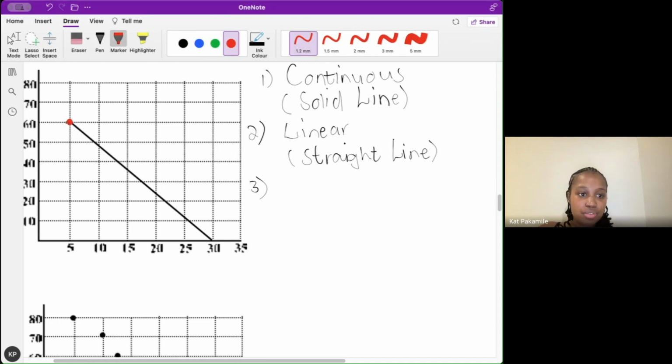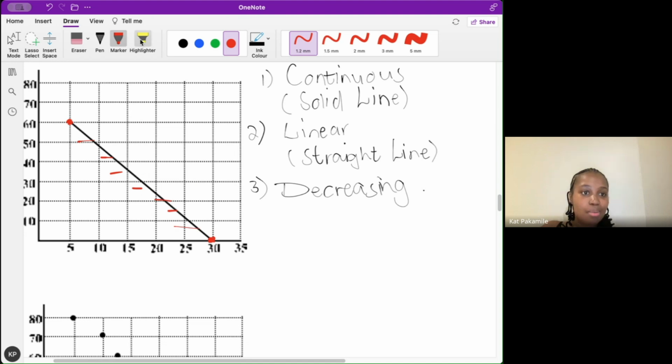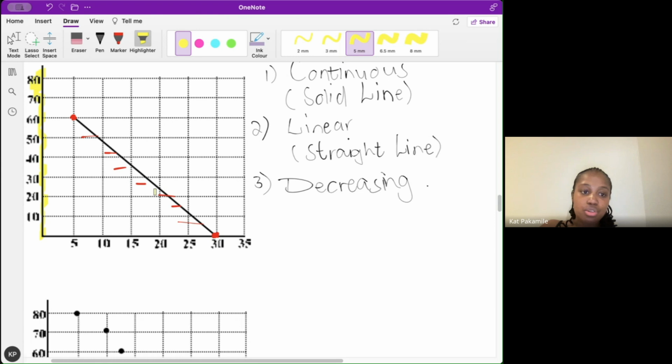At a point of 60 and ends up at that point. So is it decreasing or increasing? This is actually a decreasing graph. Your points get smaller and smaller as you go. Okay, remember we're reading them from the vertical axis, not the horizontal one.